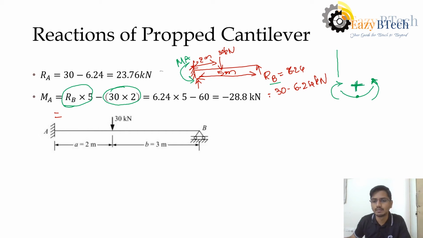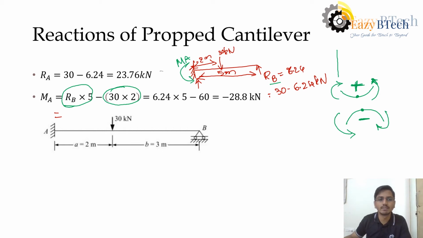Similarly, if the moment on the right side has clockwise direction and on the left side it is anti-clockwise direction, then you need to take it negative.